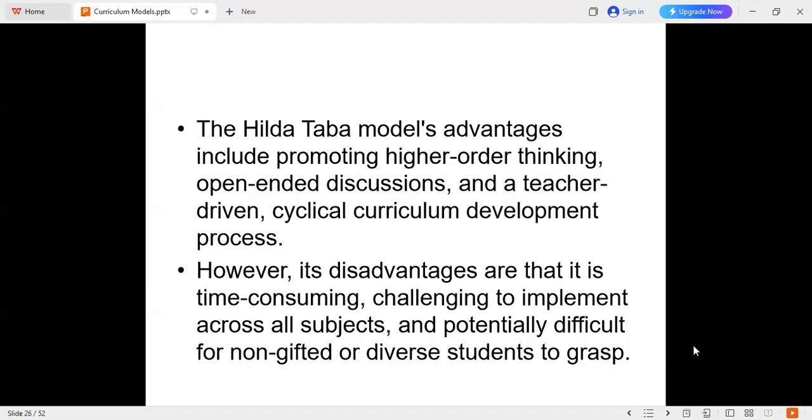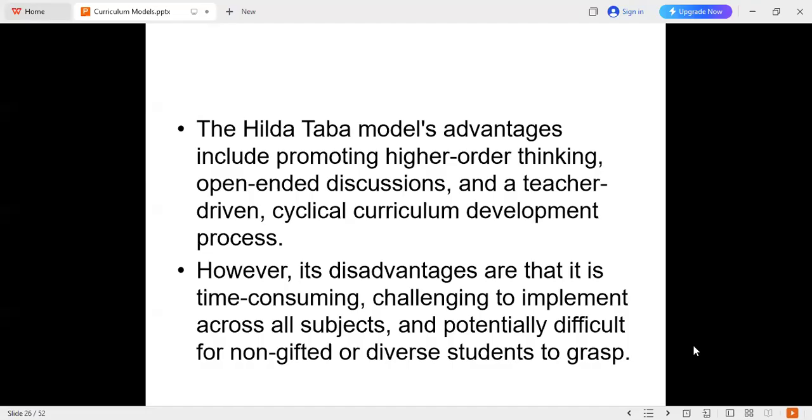Yes. According to Ilta Daba, we have to diagnose the society and develop the curriculum objectives. However, its disadvantages are that it is time consuming, challenging to implement across all subjects, and potentially difficult for non-gifted or diverse students to grasp.